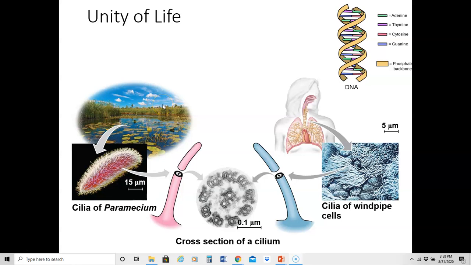Even more compelling is the idea that all living things, protists, plants, fungi, animals, bacteria, everyone has the exact same genetic material. We all have the exact same code that produces genes and produces proteins. So this is great evidence that evolution can show us how all life is connected.